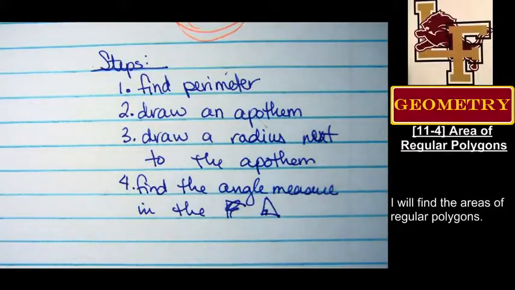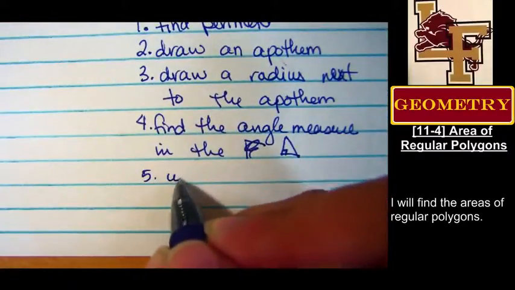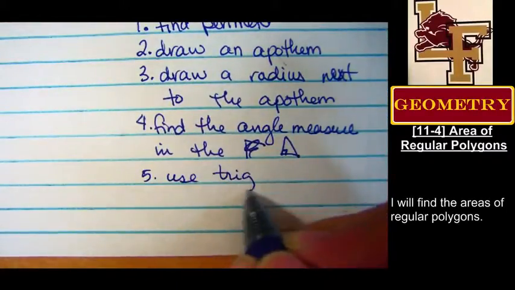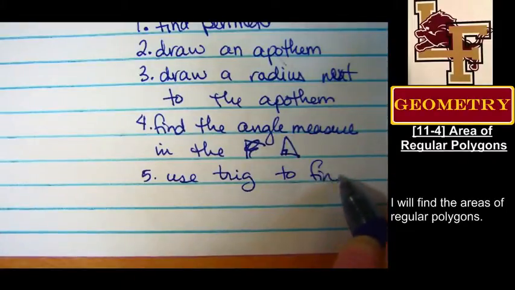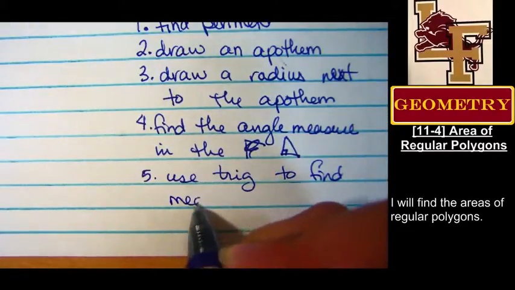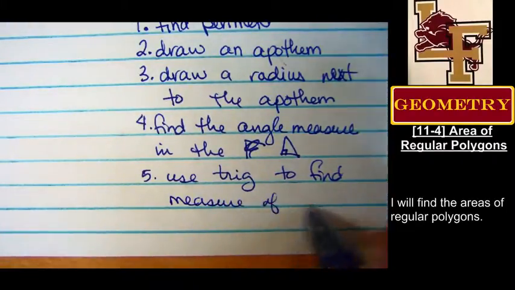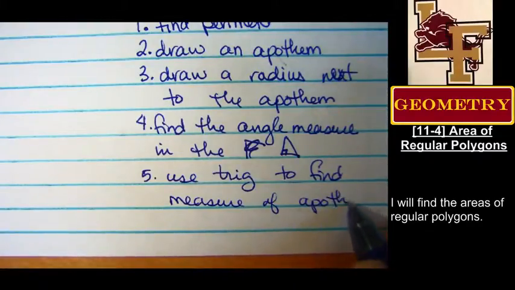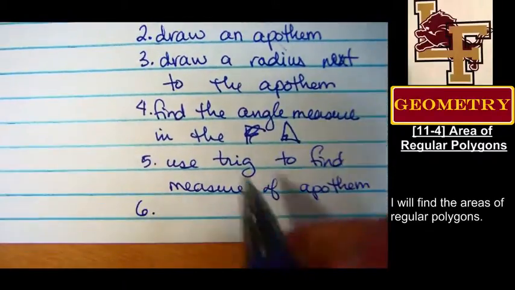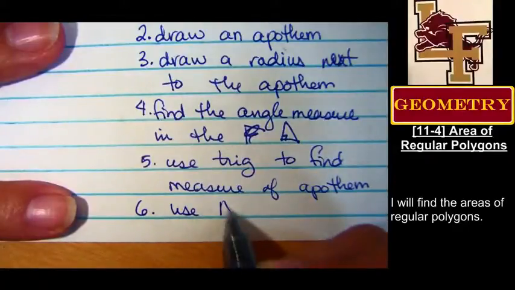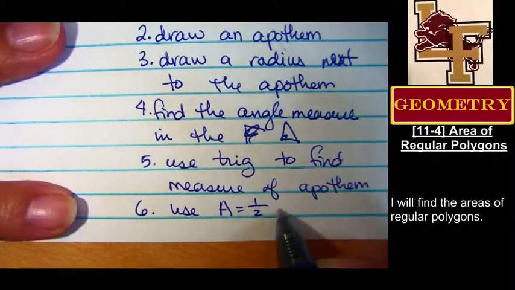So step 1, find the perimeter. Step 2, draw an apothem. Step 3, draw a radius next to the apothem. Step 4, find the angle measure inside of your right triangle. 5. Use trig to find the measure of the apothem. 6. Use your formula.